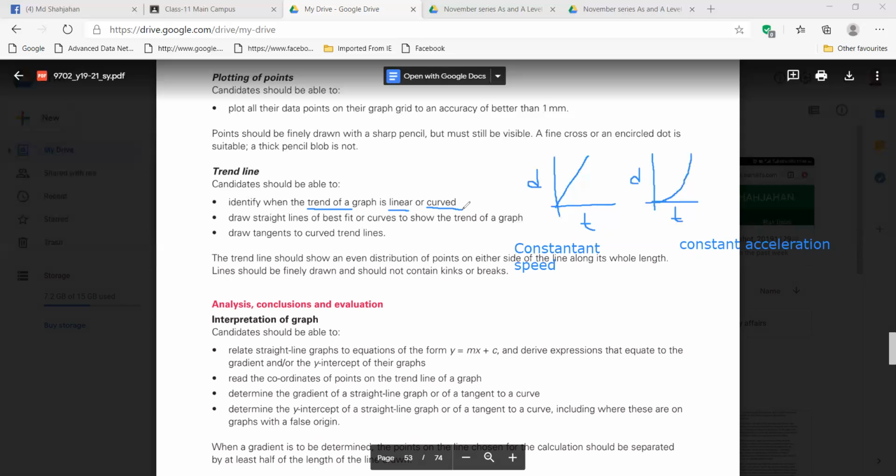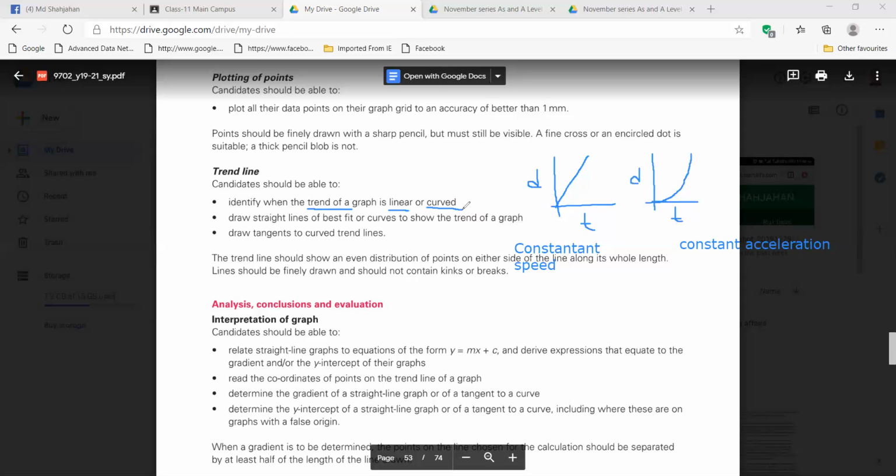In 95% of cases, they tell you to draw a best-fit straight line or a best-fit curved line, as you got in O levels, right? They clearly mention it. Clear to you?